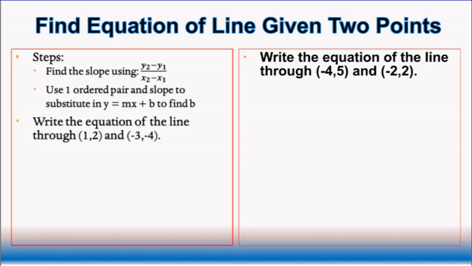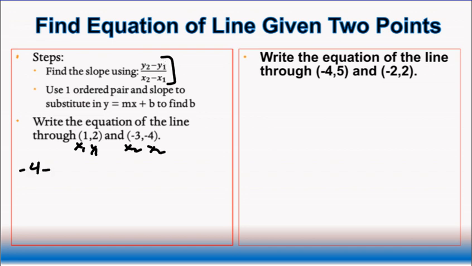And then the last thing for today, looking at finding the equation of a line given 2 points. So the slope formula, y2 minus y1 divided by x2 minus x1, you need to use an ordered pair and substitute that into the y equals mx plus b format to find your b. So in order to find the slope here, this is your x1, y1, x2, y2.